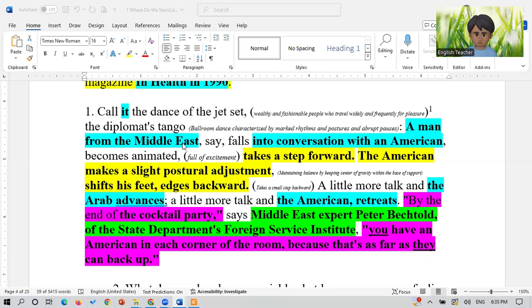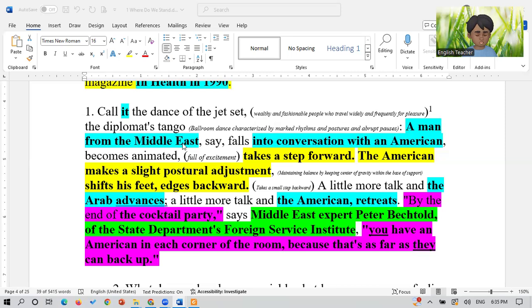I repeat, pay attention to what I'm saying. The paragraph presents a scene where the action begins in a very normal way. Two people are having a conversation in a hall, they are enjoying, they are drinking in a cocktail party. Normal beginning. And in this normal beginning, tension begins, conflict begins when the American moves backward.